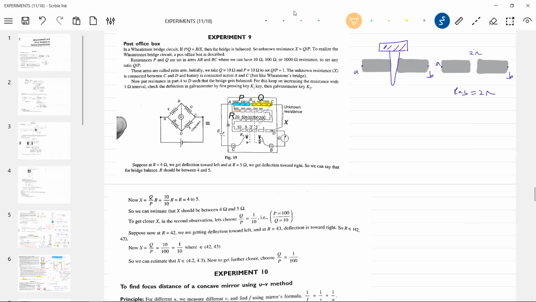Some other color. Everything will be the, and this point will be infinity. Open circuit. We can make that an open circuit also. And the unknown resistance is this one.